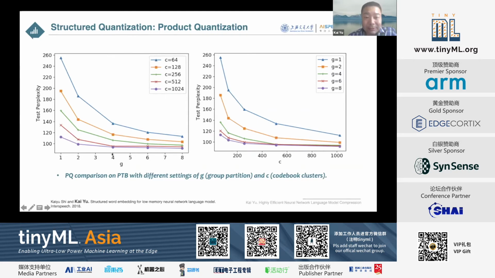So with 4, it's almost like 8 or maybe more. So 4 is enough if we have 1,000 codebooks. We can see from this, with normal vector quantization, the performance degradation is a lot. Say in the left figure, with 4 different groups, the degradation is a lot.